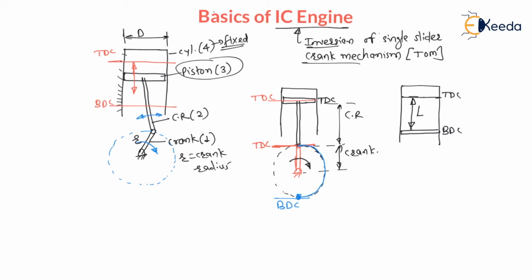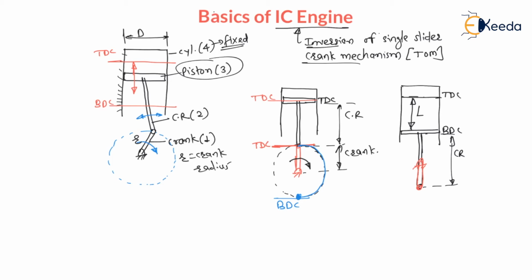Now during rotation, the connecting rod will look like this. Understand carefully, this black color is the connecting rod, and from this bottom position there will be a crank like this, where the crank is pivoted, right?